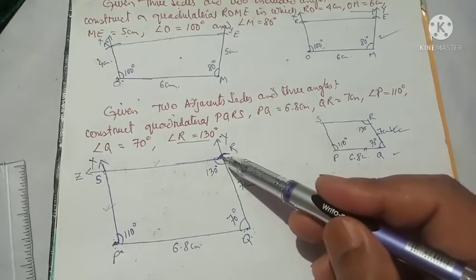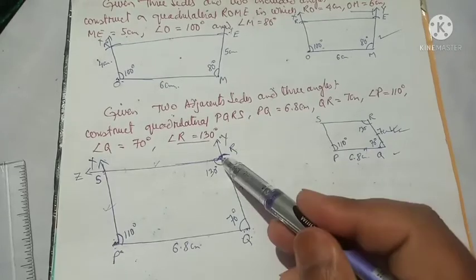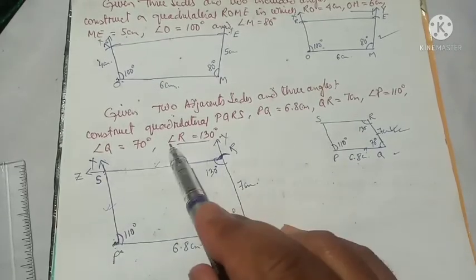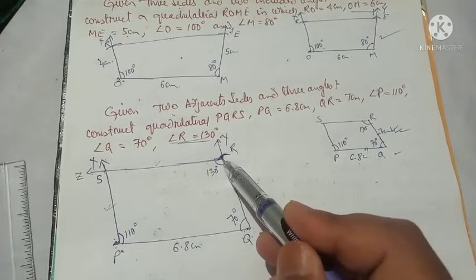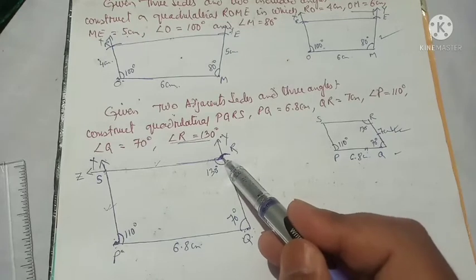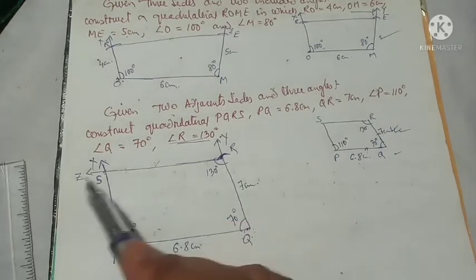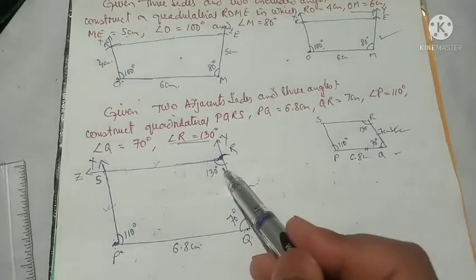And again, from R we construct an angle QRZ that is 130 degrees. Here we have to put a protractor and measure 130 degrees, and construct the angle QRZ of 130 degrees.